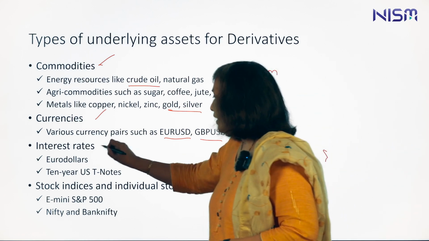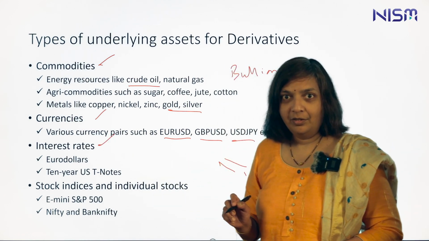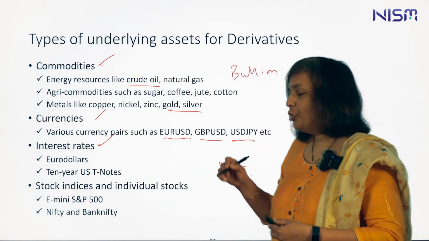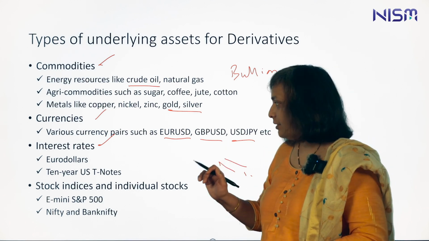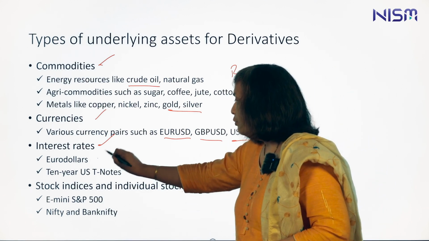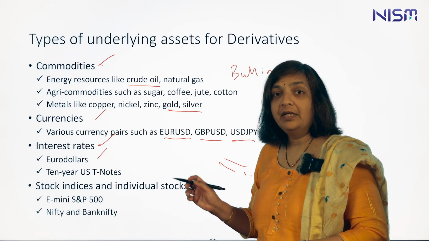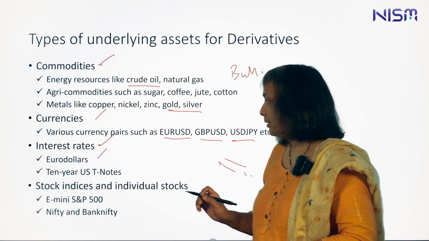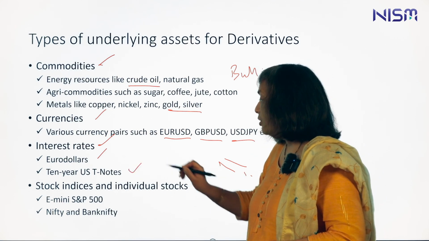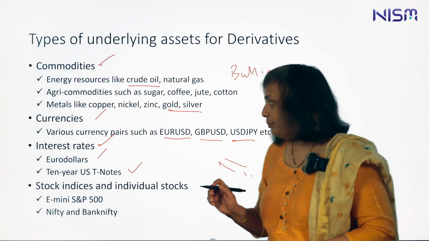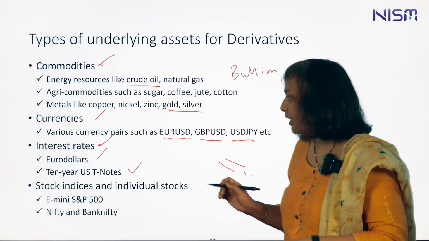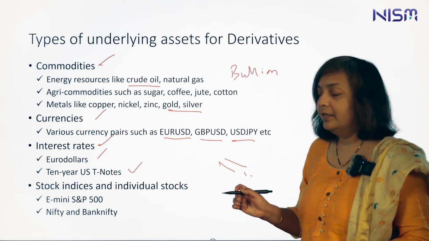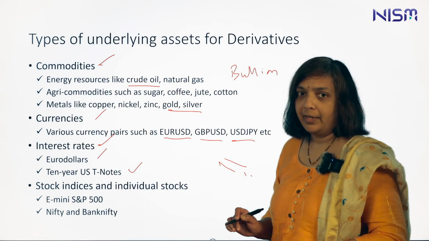We also have derivatives on interest rates. Both short-term interest rates and long-term interest rates. In the short-term interest rates context, the Eurodollar futures contract is the most heavily traded interest rate contract. And then the 10-year treasury note futures contract is again a very, very heavily traded interest rate derivative contract.